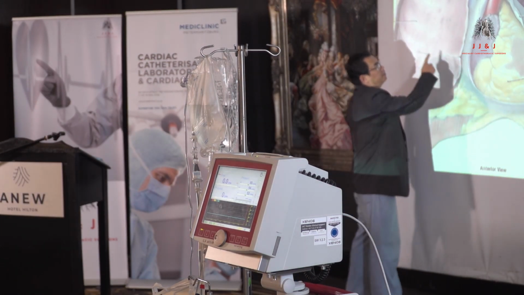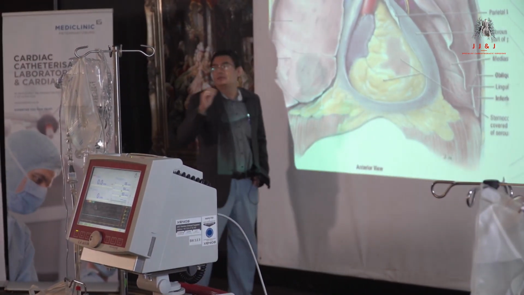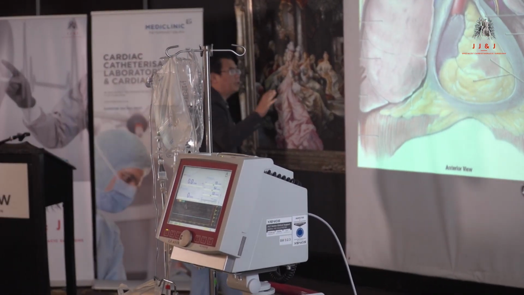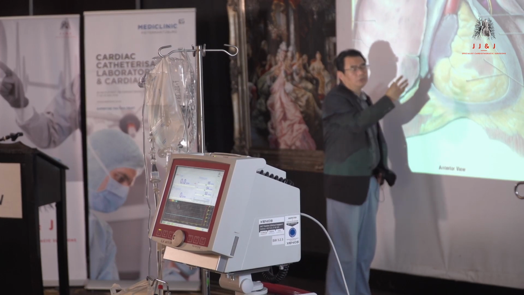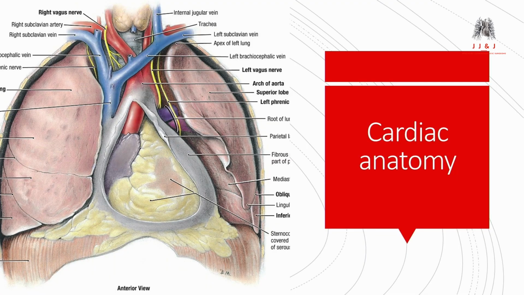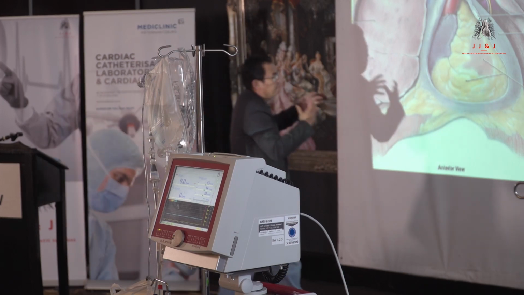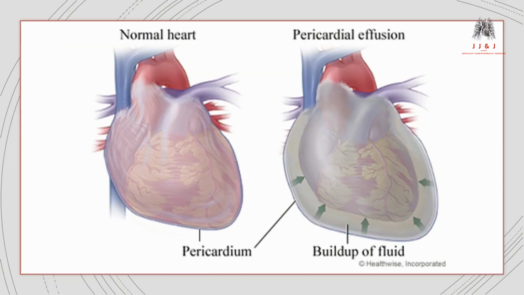You can see this is our lung, and the pericardium is a thin membrane, 1 to 2 millimeters, protecting the heart. Usually we have 10 to 50 mL of pericardial fluid for lubrication, and for the heart to create a frictionless environment within the sac. Next page, please.